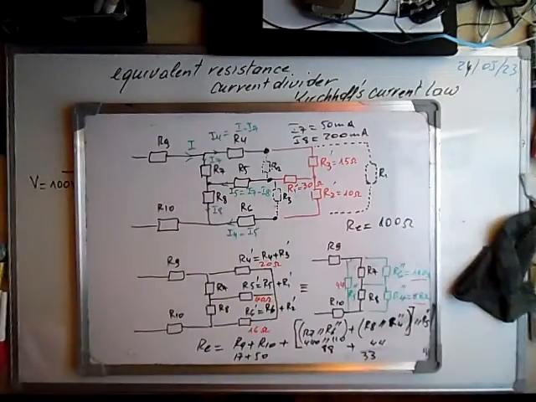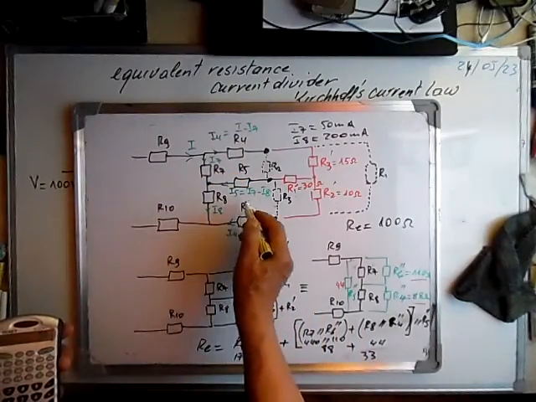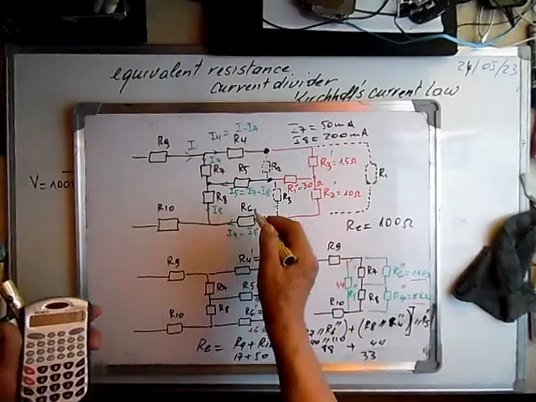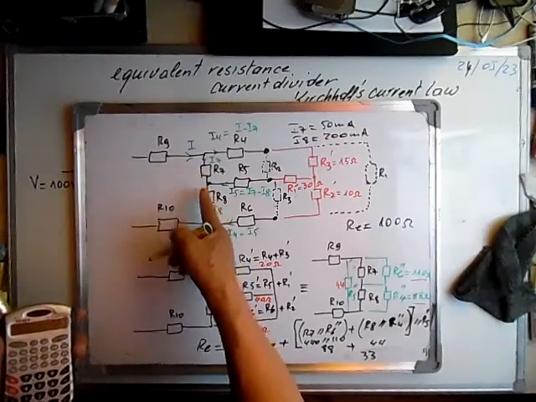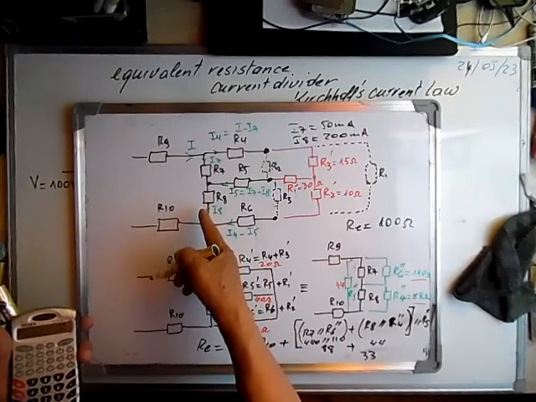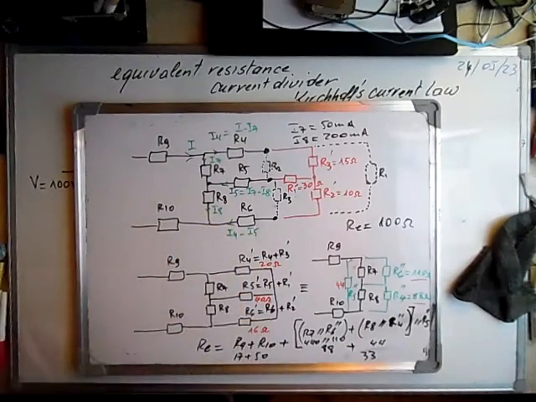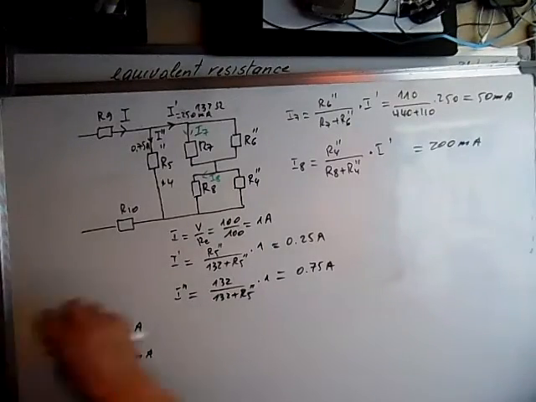Let's continue. If I7 and I8 are known, so it means 250, so it means that is it 200? I8? No, there is a problem. It's not 200. Here I have to calculate it.